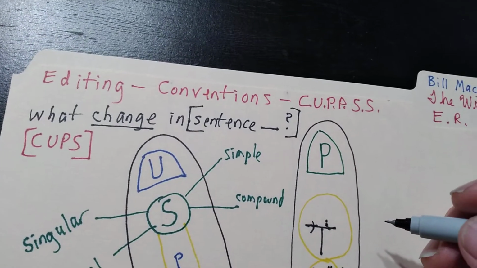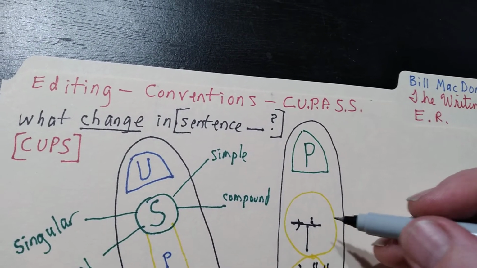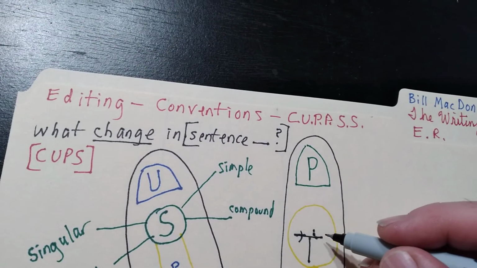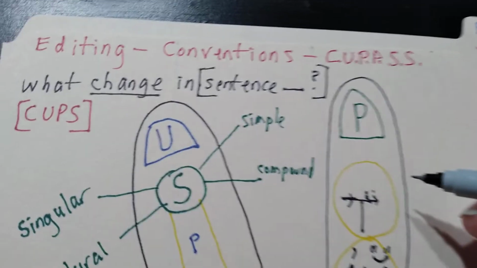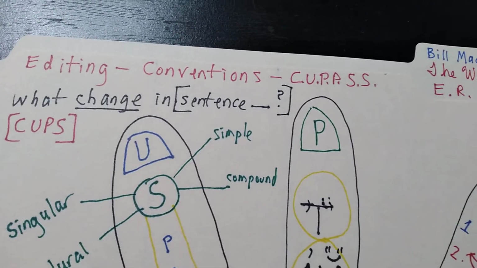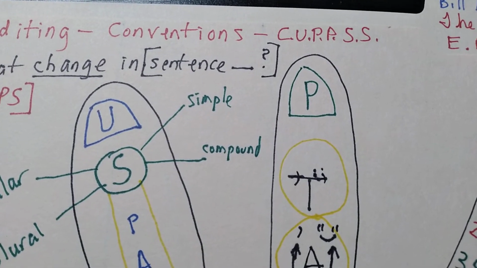That means the independent clause is going to be followed by probably a little phrase that tells you a little bit more, or you might have a semicolon where it has an independent clause followed by another independent clause.